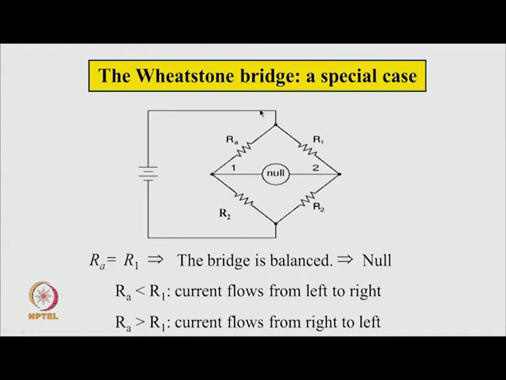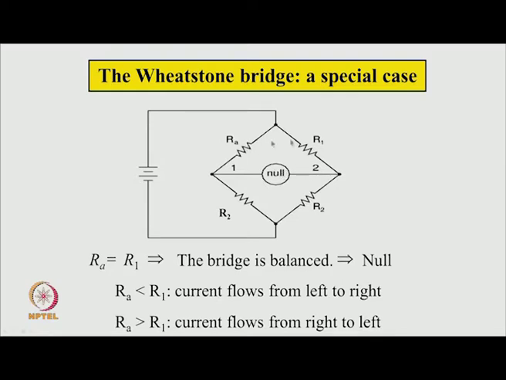Now, let us say a special type of Wheatstone bridge, where this R2 here, also R2 here, that is, the resistance values for these two are the same. In that case, the bridge is balanced when Ra is equal to R1, then again the current flowing through this will be 0, and we say the bridge is balanced and null condition is achieved.